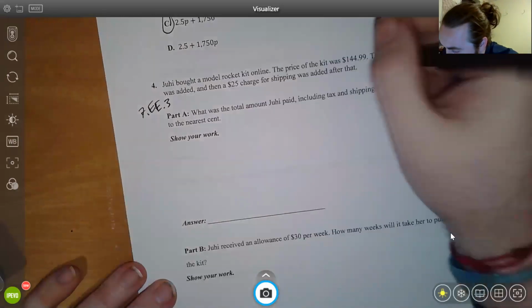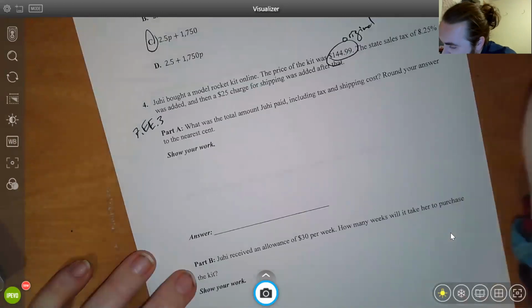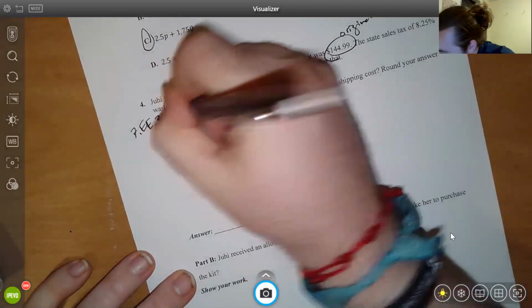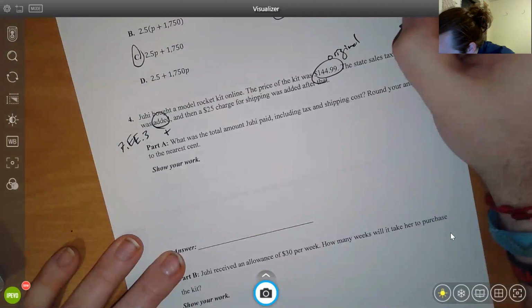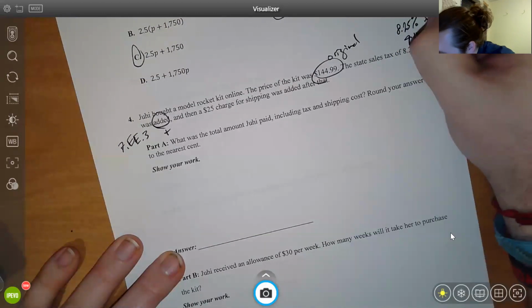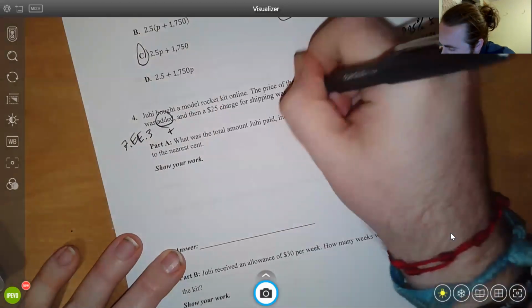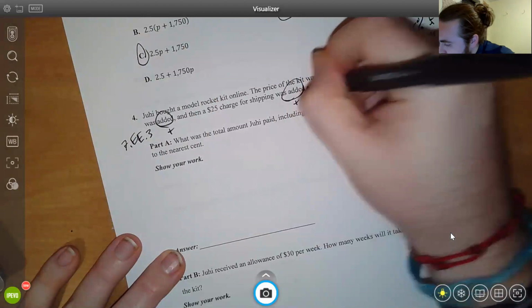All right, so let's identify our original. Sales tax is added. That's 8.25% of 144.99. And the $25 charge is added after that.